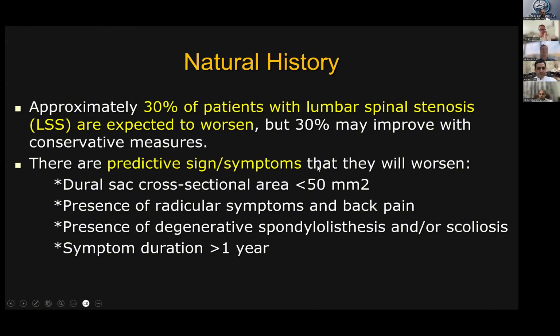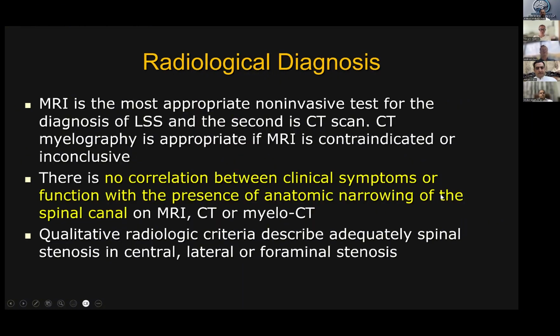There are predictive signs and symptoms that they will worsen: dural sac cross-sectional area less than 50 square millimeters, presence of radicular symptoms and back pain, presence of degenerative listhesis and or scoliosis, and symptom duration of more than 1 year. Unfortunately, there is no correlation between clinical symptoms or function and the presence of anatomic narrowing of the canal on MR, CT, or myelo CT.